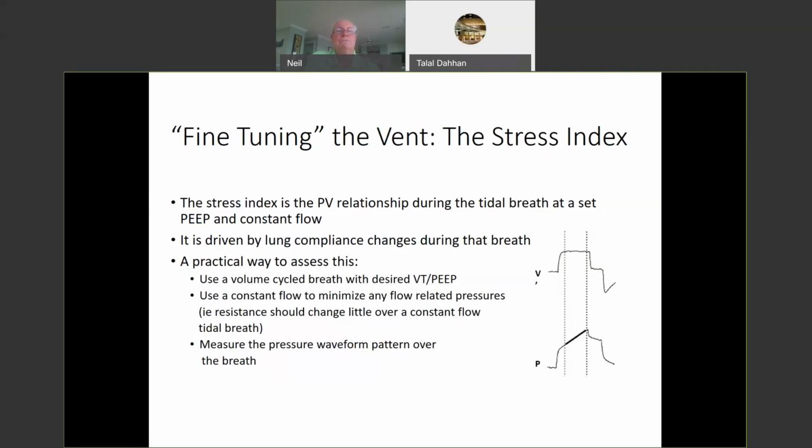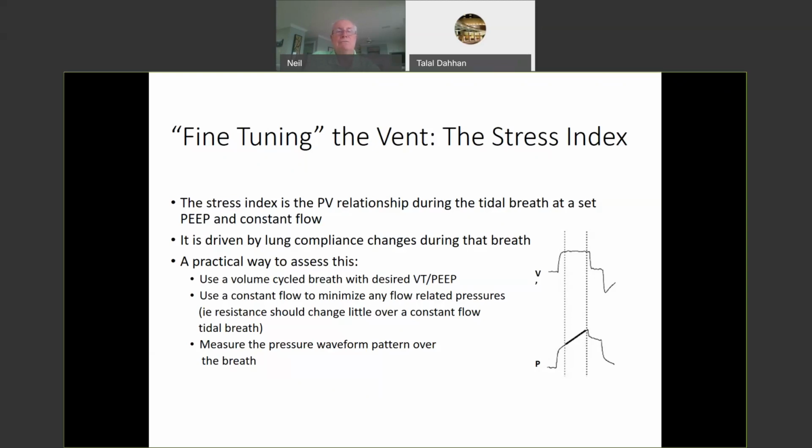So let's look at that definition for just a moment. Why do you want a constant flow? You want a constant flow because you want to eliminate the effects of flow-related pressures on your pressure profile. So you want a constant flow, and ideally you'd like a lower flow, down in the neighborhood of 20, maybe 30 liters a minute.